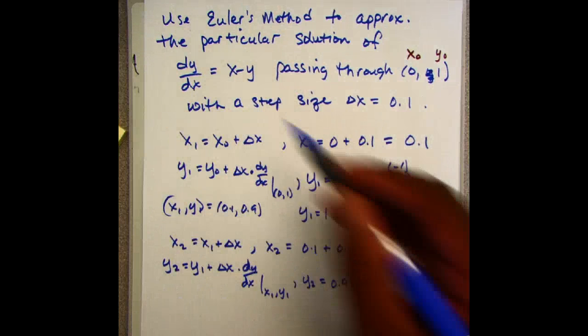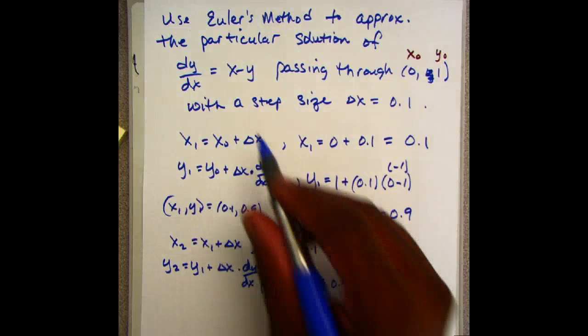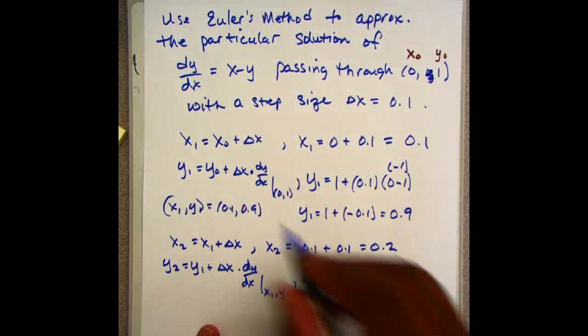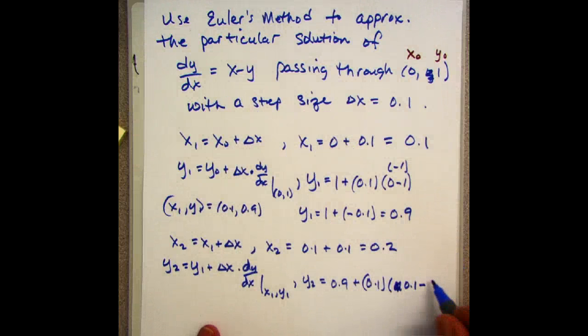So we're going to substitute in our dy dx here, x minus y, so that's going to be our x1, which is 0.1, minus, and our y1 is 0.9. So that's equal to 0.9 plus 0.1 times, and 0.1 minus 0.9 is a negative 0.8.